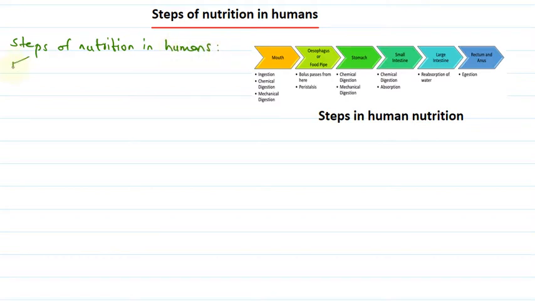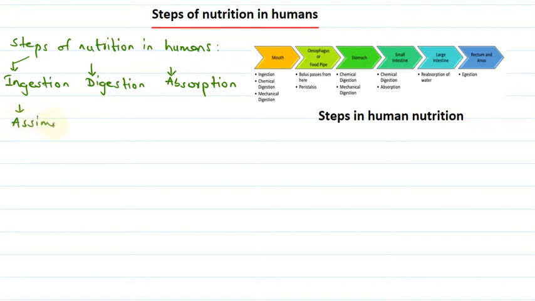They are ingestion, then digestion, then absorption, then assimilation, and the final one is egestion. Okay, these are the various steps of nutrition that take place in human beings, that is, in us.